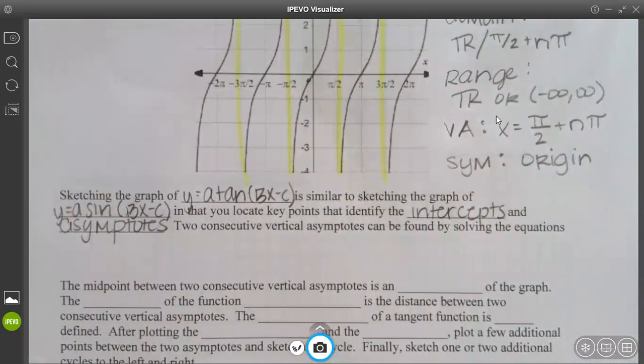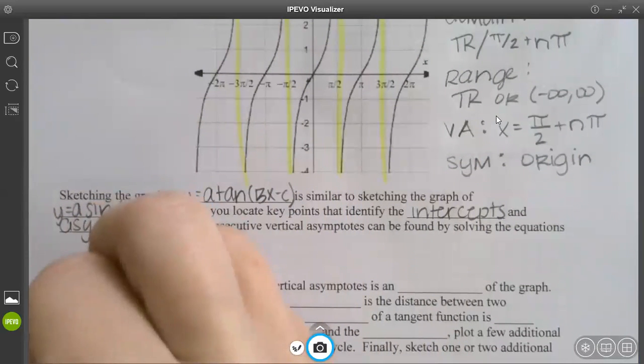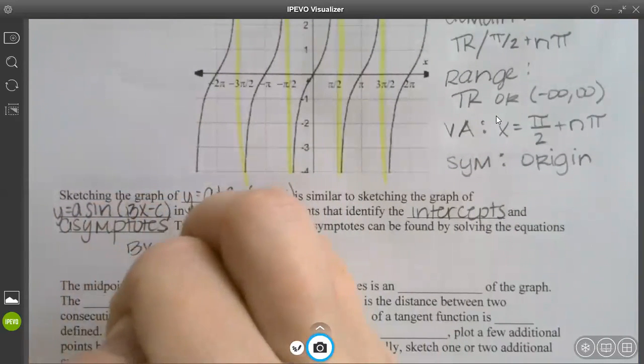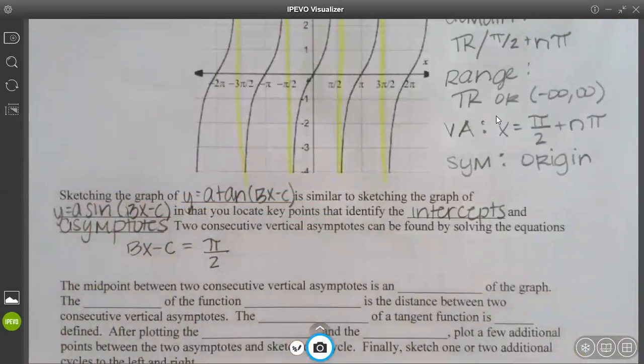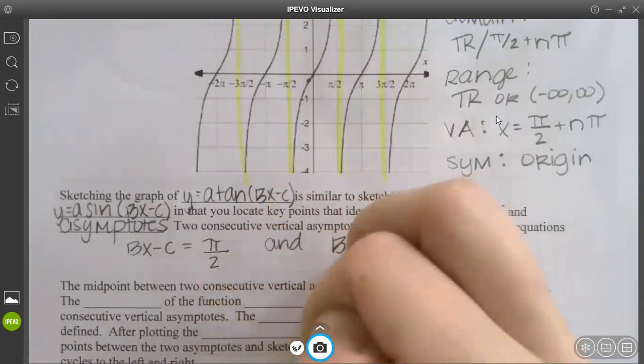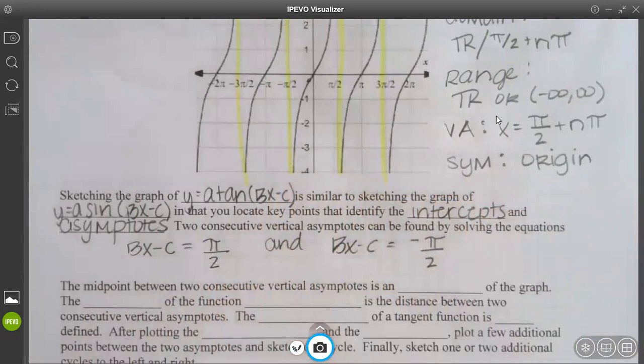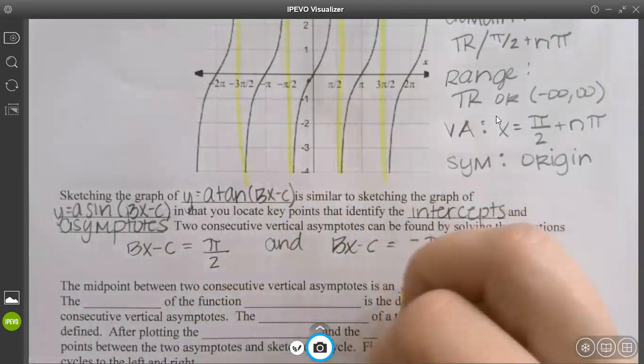The two consecutive vertical asymptotes can be found by solving the equations bx minus c equals pi over 2 and bx minus c equals negative pi over 2. You got to get the right and the left side. The midpoint between two consecutive vertical asymptotes is an x-intercept of the graph.